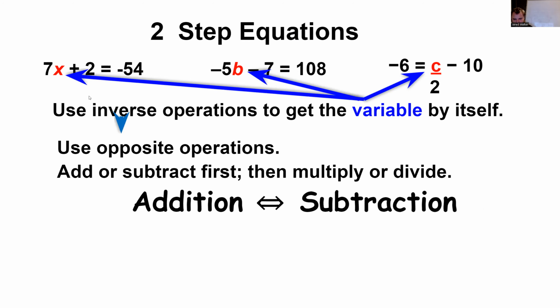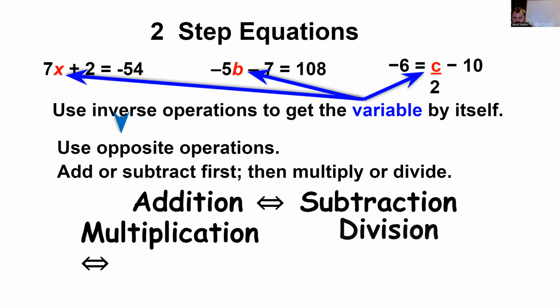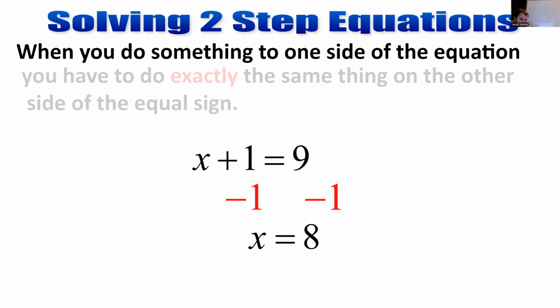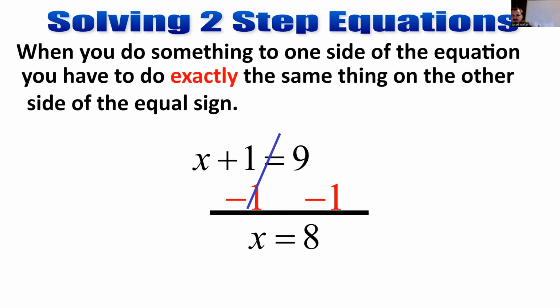If there's an addition problem, you will subtract to undo it. If there's a multiplication problem, you'll divide to undo it. Or backwards. Subtraction, we undo it with addition. Division, we undo with multiplication. So the way it works, the rule is when you do something on one side of the equation, you have to do exactly the same thing on the other side of the equal sign.